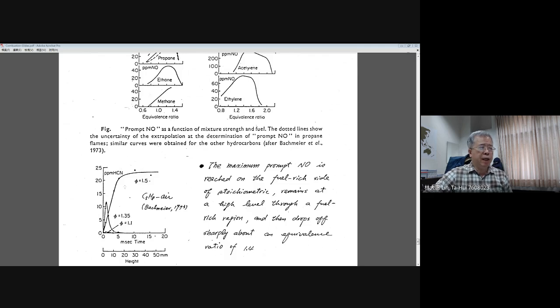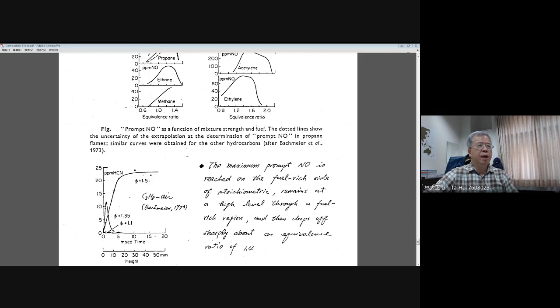But for rich sides, you can see there is a big amount of HCN produced in the downstream sides, but they do not have a chance to convert it to NO, because HCN or CN require additional oxygen to react with them to form the NO. This is the penalty for the fuel being too rich.